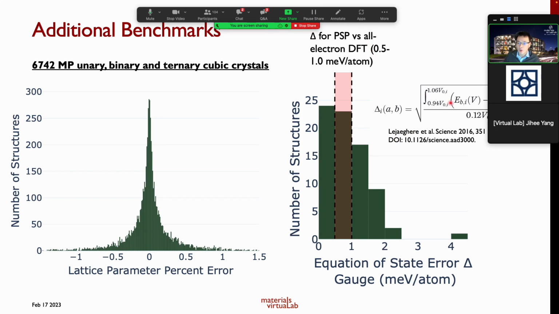And when you look at that, the pseudopotential codes usually get within about 0.5 to 1 MeV per atom of the all-electron DFT equation of state, right? And what you notice is that M3GNet is achieving almost the same error relative to a pseudopotential DFT code, okay? So in other words, the accuracy is extremely good, all right?